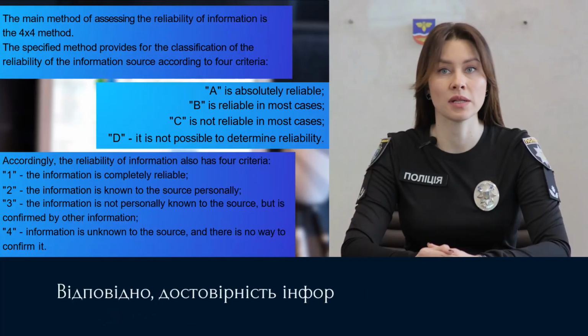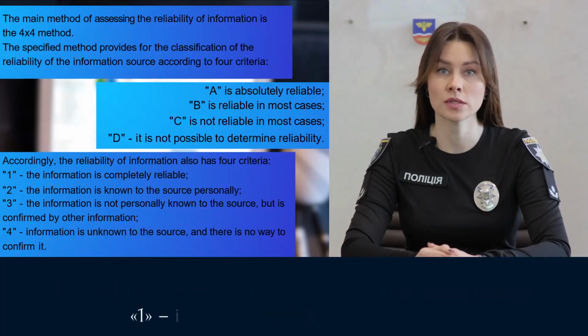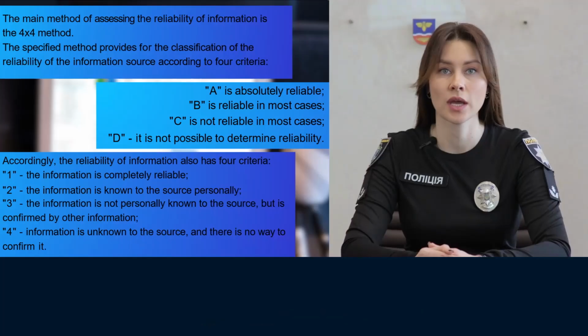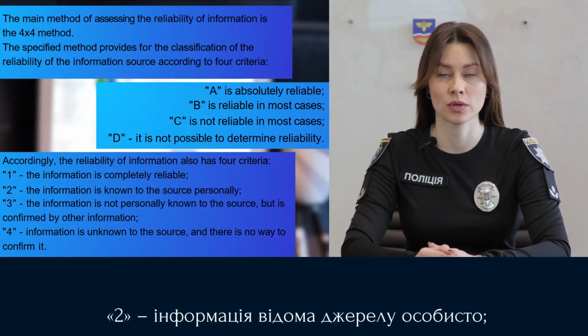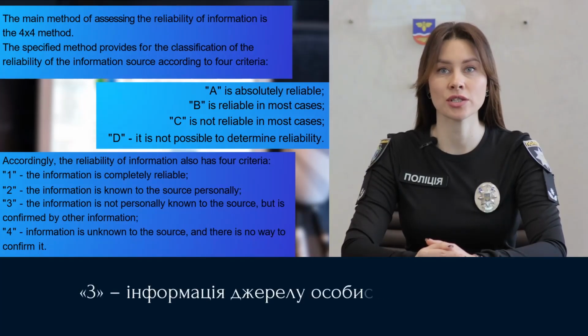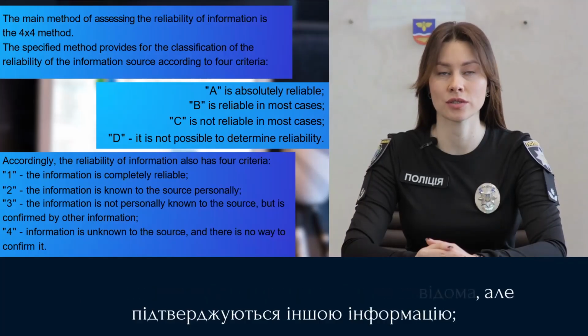Accordingly, the reliability of information also has 4 criteria. First is the information is completely reliable. Second, the information is known to the sources personally. Third criteria is the information is not personally known to the sources, but it's confirmed by other information.